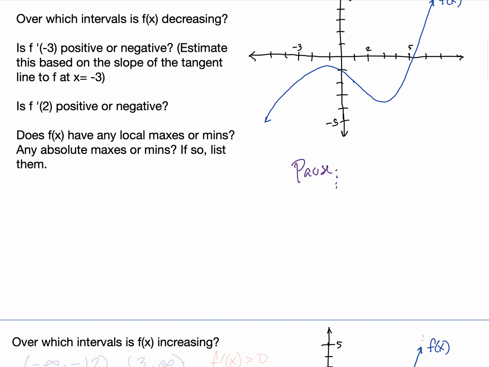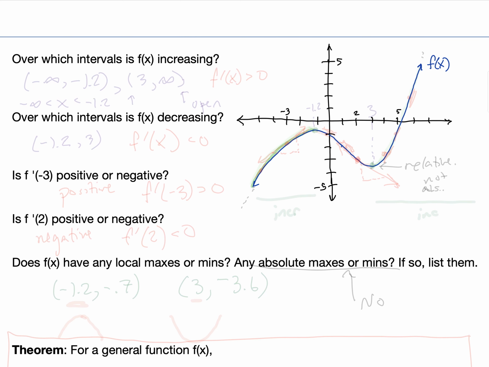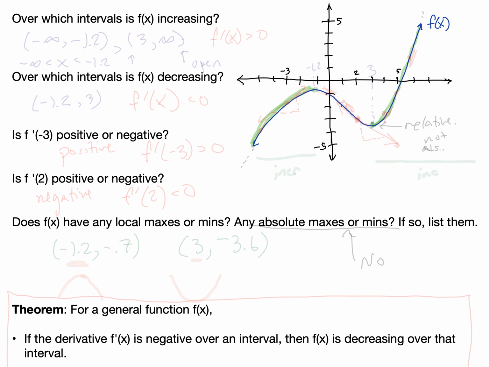We see that f of x is increasing here, and it's also increasing about there. When we say what intervals, what we mean is what values for x. It appears that this is ending at maybe negative 1.2 or something.